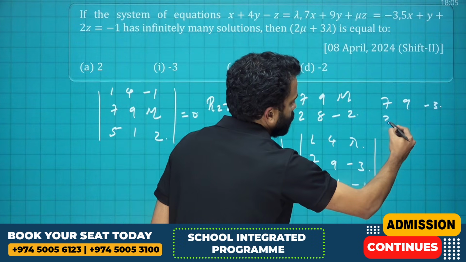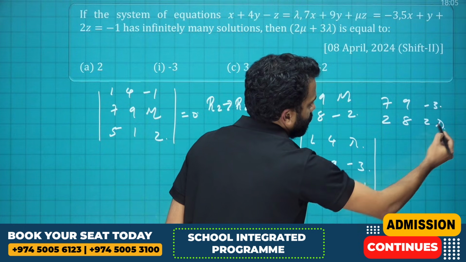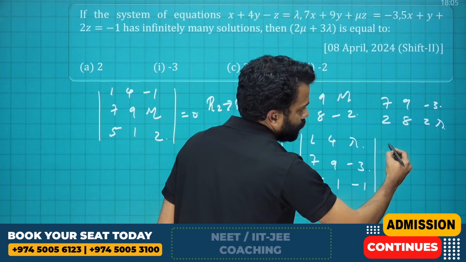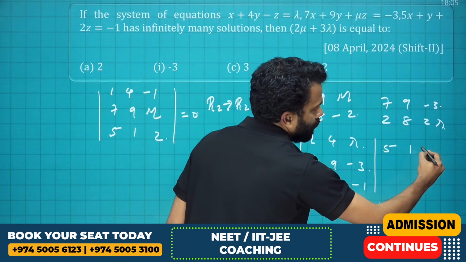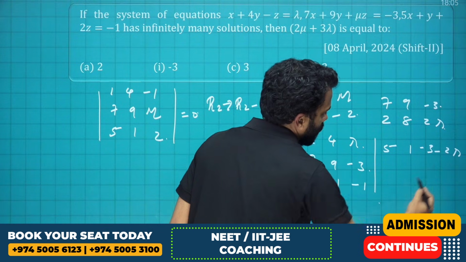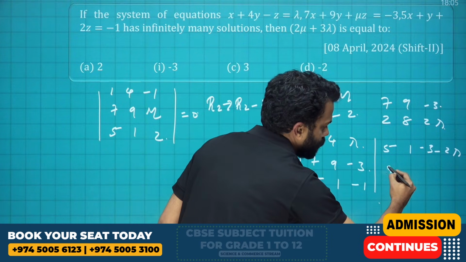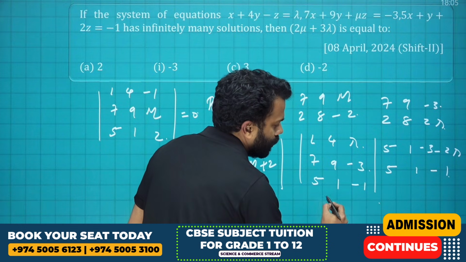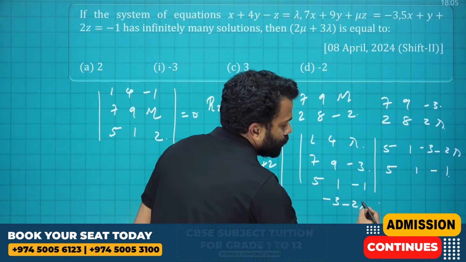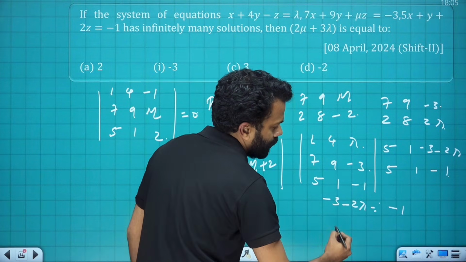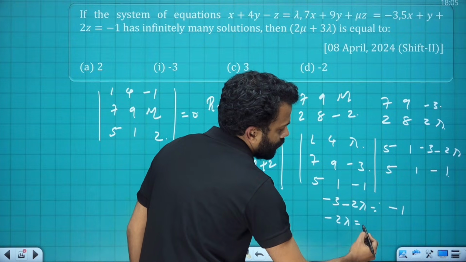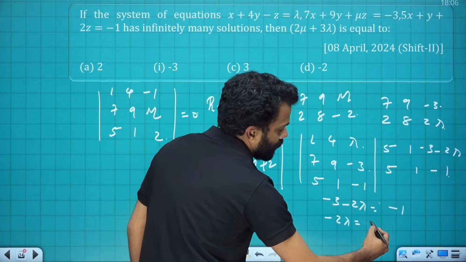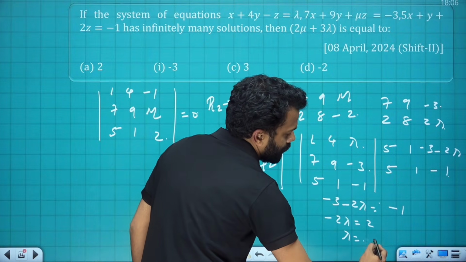That is 2, 8, 2 lambda. If you subtract this, it will be 5, 1, minus 3 minus 2 lambda, and it will be same as the last row, that is 5, 1, minus 1. Both of them are same. Therefore, minus 3 minus 2 lambda is equal to minus 1. That is minus 2 lambda is equal to 2. That is lambda is equal to minus 1.